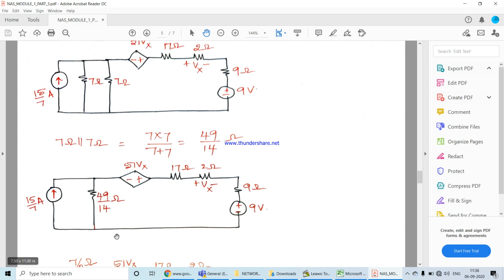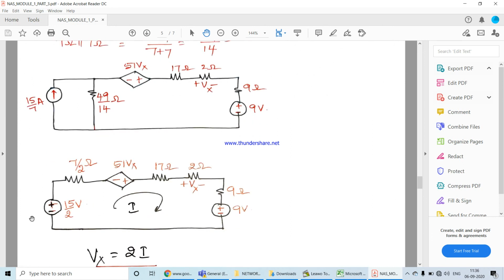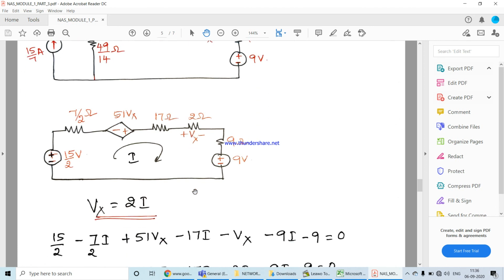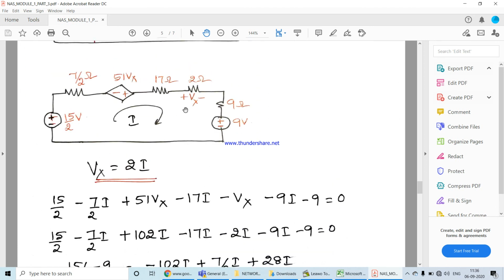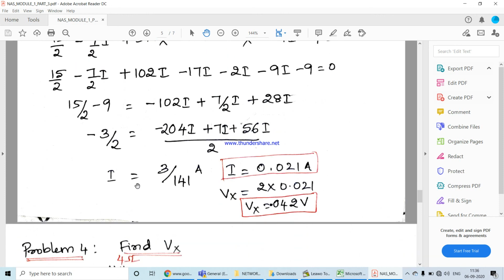If we convert this parallel to series, then we get one single loop with the entire components. Therefore this parallel is converted into series again, and we got this single loop. Then finally we applied KVL for this single loop, and found the current I.